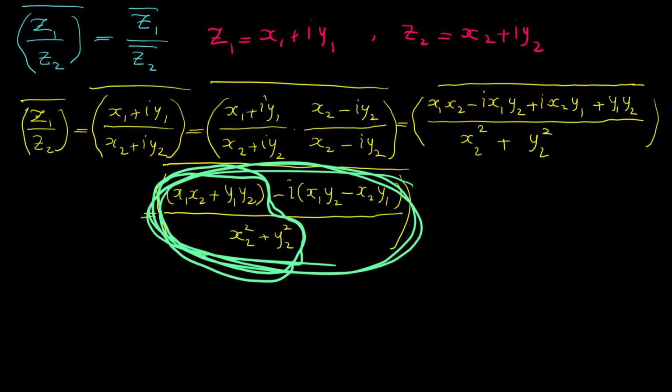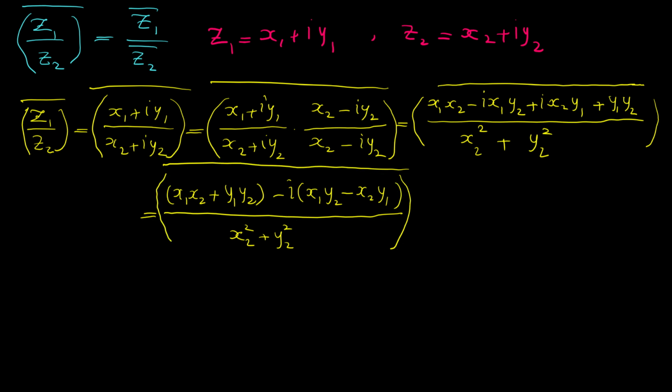And what is imaginary part of this complex number? The real part is the first bracket again, over the number. But what is the imaginary part? Imaginary part is this negative, all of this, over this, because basically we have to divide numerator by the denominator.